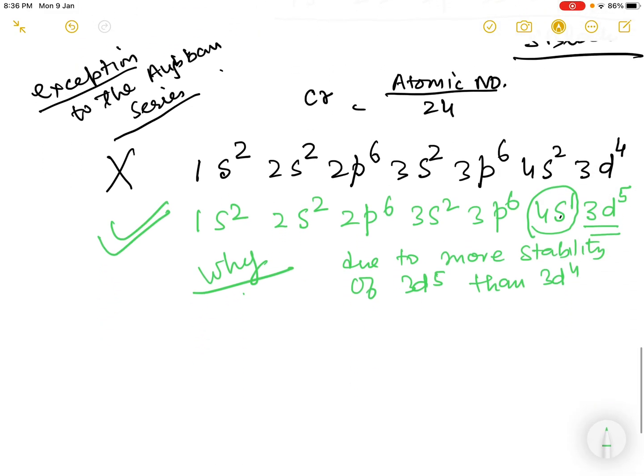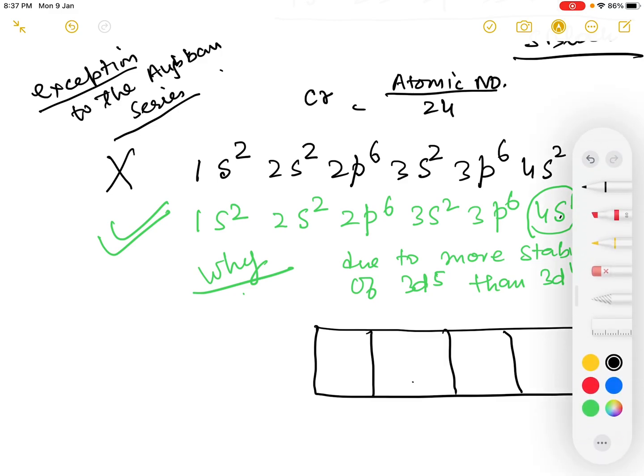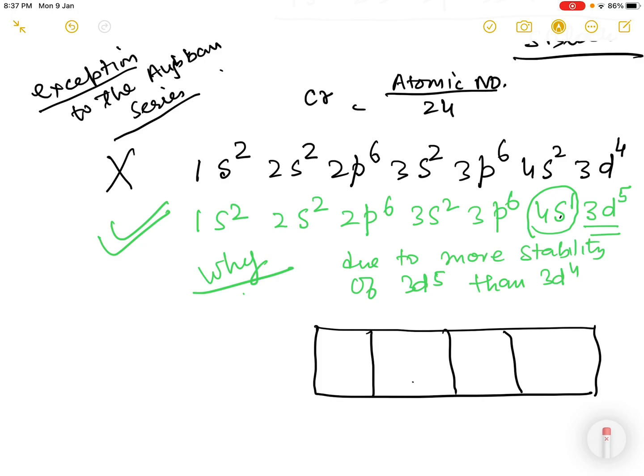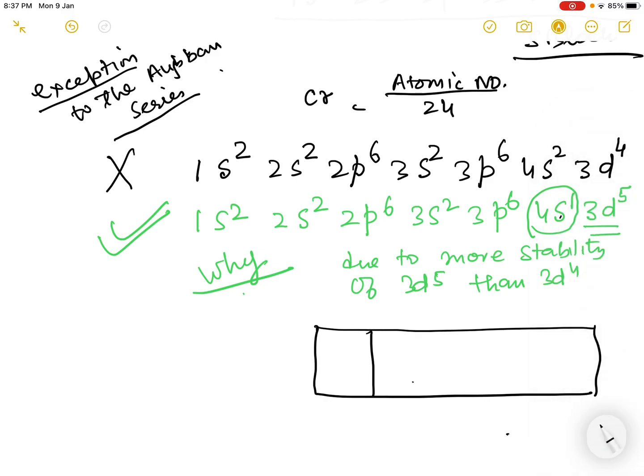Let us see how. See, these are the 5 orbitals of d.